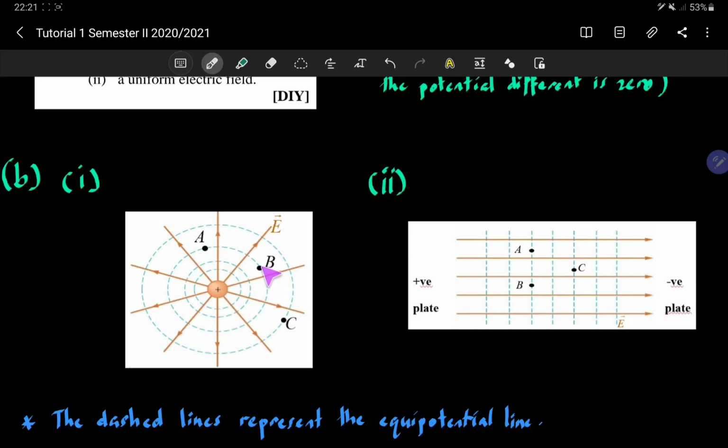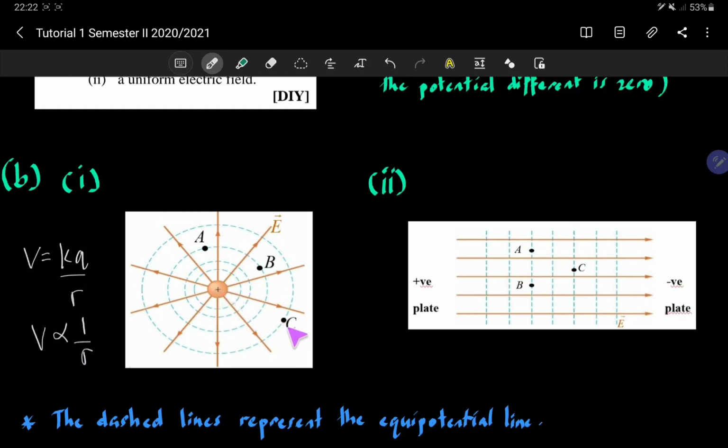Why? Because B is closer to the positive charge compared to C. Or from the equation V equals KQ over R, V and R are inversely proportional.